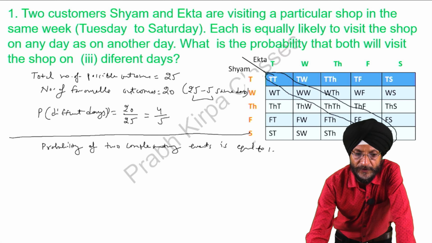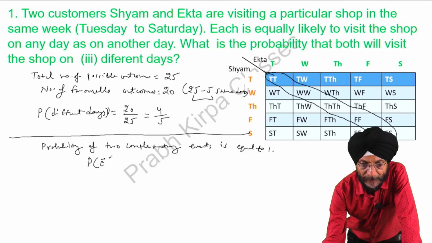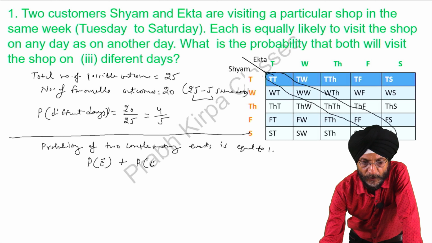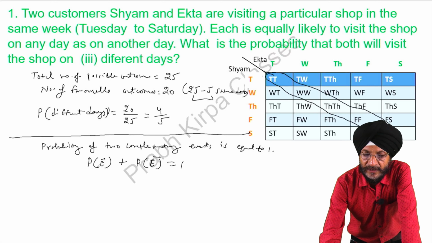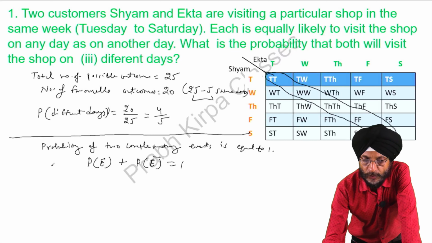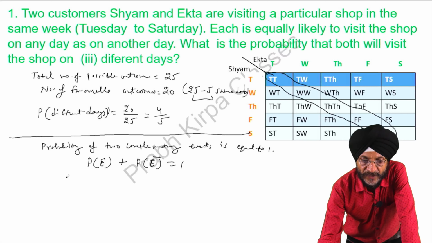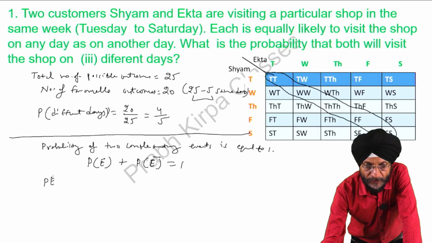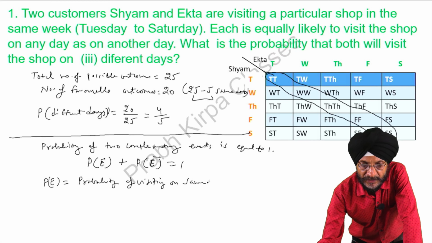That is, the probability of happening of the event and the probability of not happening of the event is equal to 1. Here we have already solved in the first part of the question the probability of happening of the same event, that is, the probability of visiting on the same day.